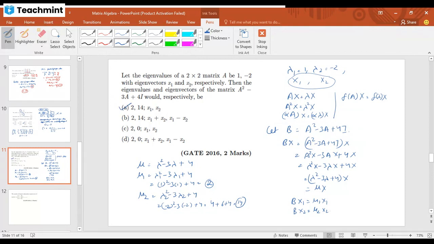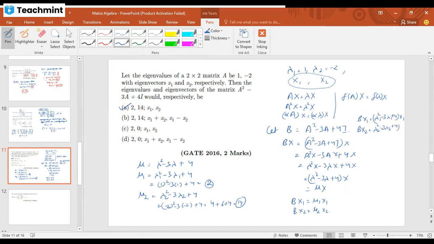That means when lambda equals lambda 1, what is x? X becomes x1. What is Bx1? Bx1 is lambda 1 square minus 3 lambda 1 plus 4 times x1, because x1 is the eigenvector corresponding to lambda 1 and x2 is the eigenvector corresponding to the eigenvalue lambda 2.